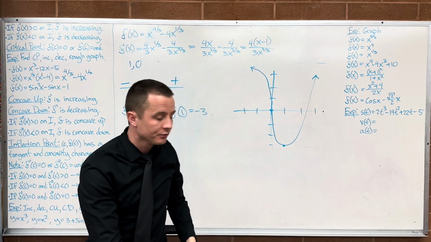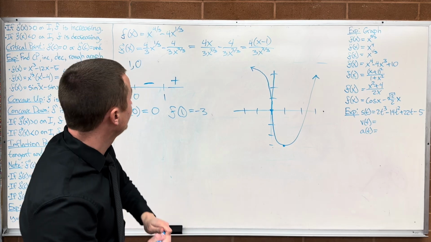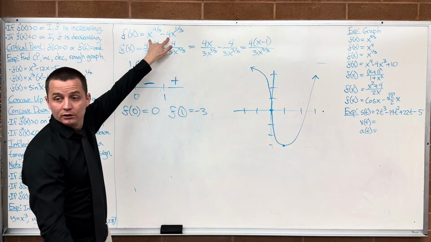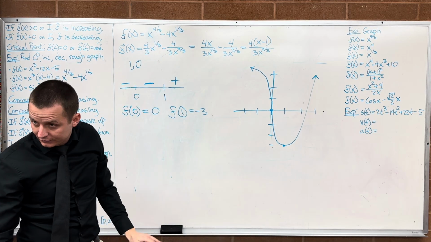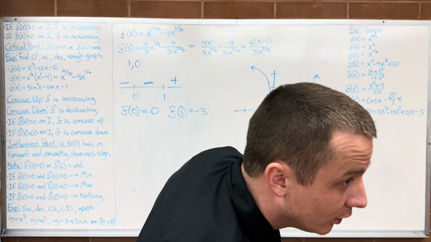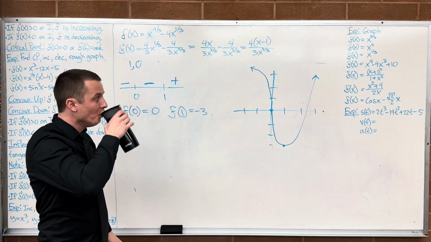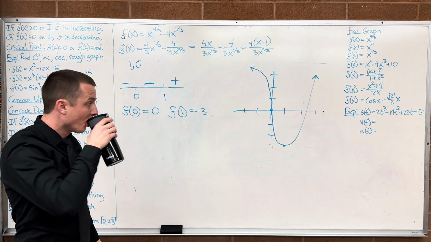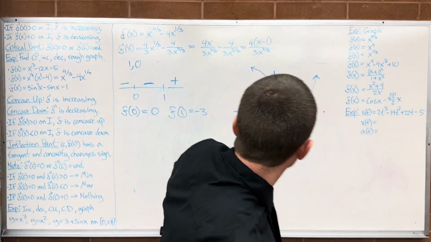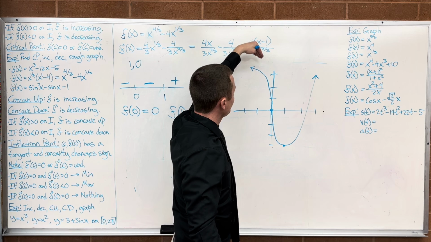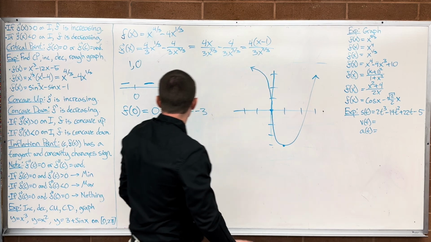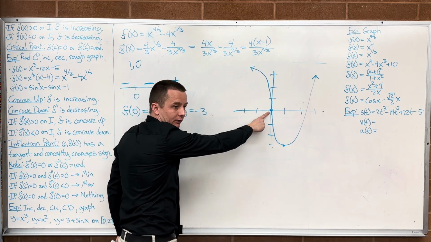Is the function defined? The function is defined at 0. Oh, the derivative wasn't defined at 0. Right, two very different things. Why can't you move it down into the third quadrant? Because the height is 0 here.